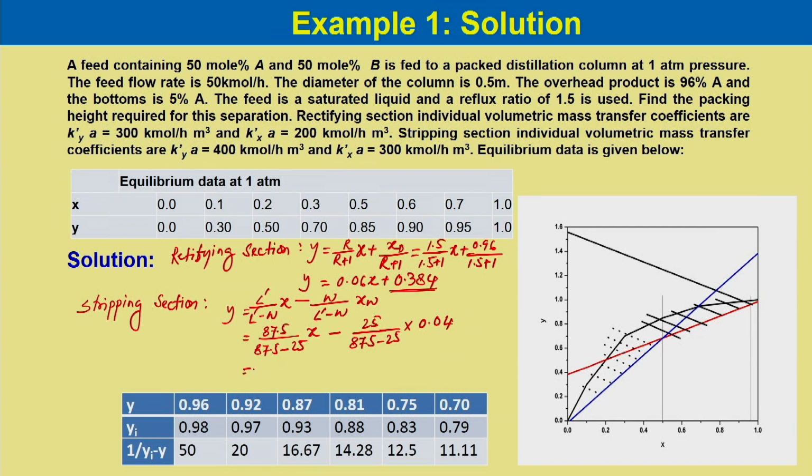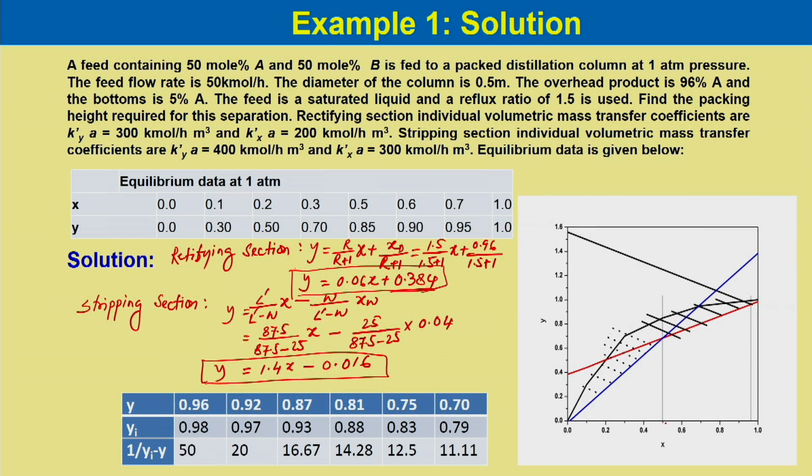So, this would give y = 1.4x - 0.016. This is the stripping section operating line equation and this is the rectifying section operating line equation.